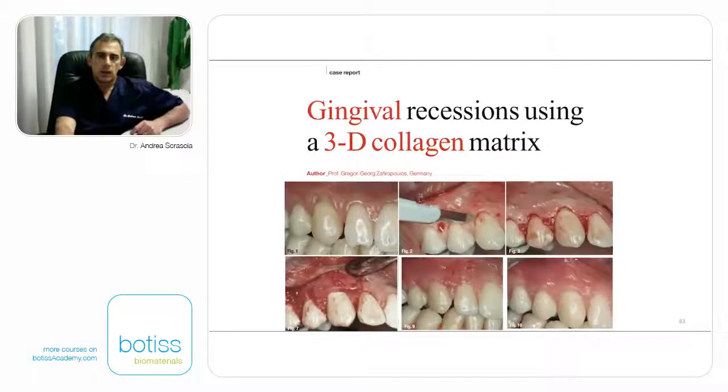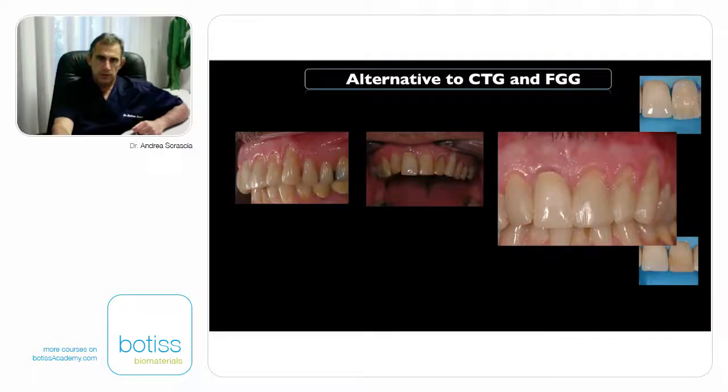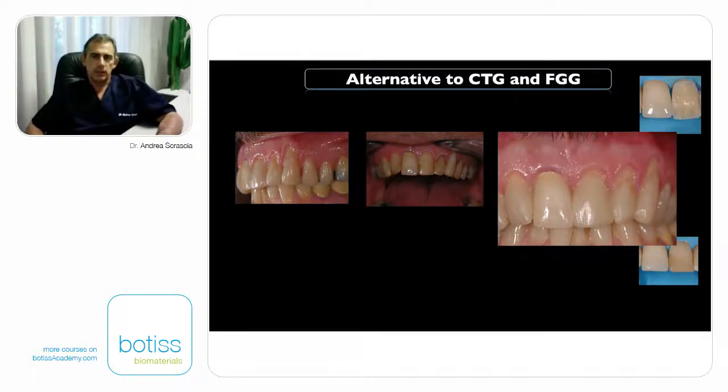Another one is some case reports that Dr. Zafiropoulos documented for covering of gingival recessions. And based on this evaluation, I began to treat patients using Mucoderm instead of autogenous graft.